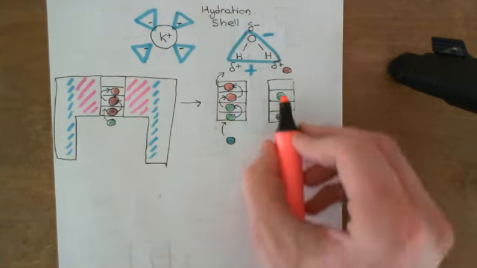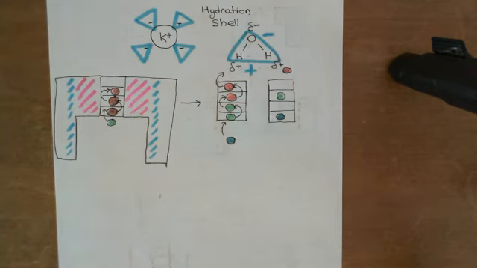Now potassium ion number 4 can come in, and this can continue happening. You'll continually get potassium ions being moved through the selectivity filter by other potassium ions coming up behind them, basically, and repelling them away. So that is the mechanism of permeation of potassium ions through this selectivity filter.